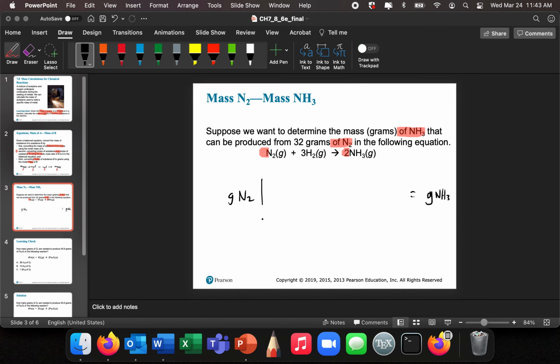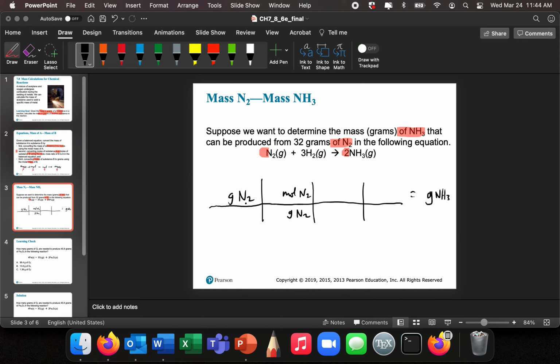So first thing we're going to do is calculate the moles of nitrogen using the molar mass. This we did a couple lectures ago.